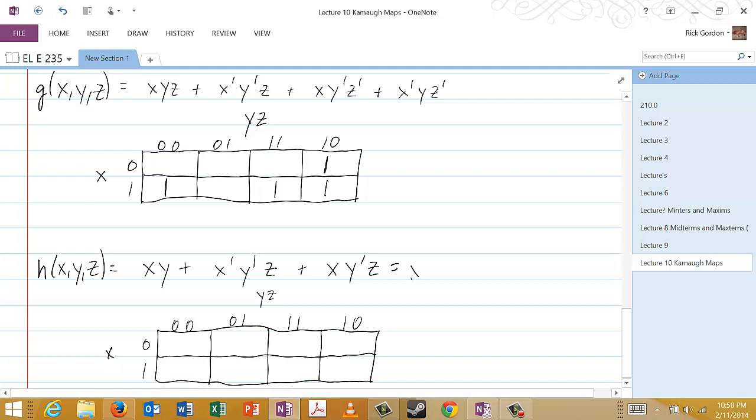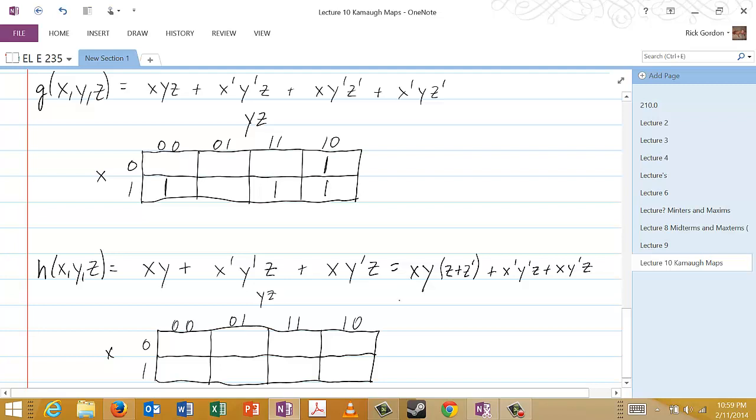We know that xy is the same thing as xy ANDed with 1, which is the same thing as xy ANDed with (z or z prime). And then, of course, the other 2 terms are already min-terms, so we don't need to alter them in any way: x prime y prime z, or x y prime z.